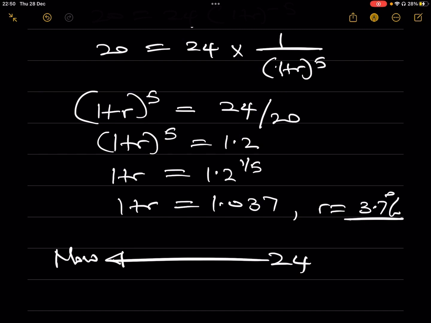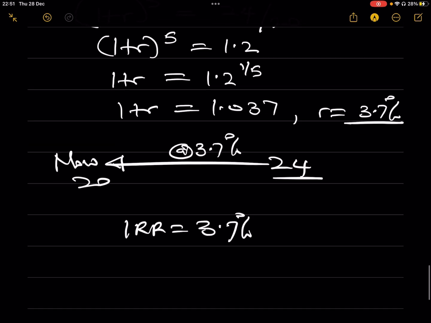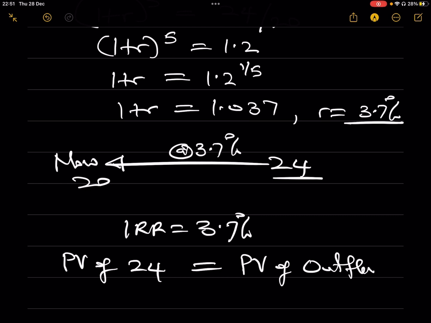Yeah. So this is the rate that if you discount 24 over 5 years to today, now, if you discount this 24 at 3.7%, you will have 20. So which means 3.7 will be our IRR, because 3.7% is the rate that will make the PV of 24 to be equals to PV of outflow, which we know is 20.